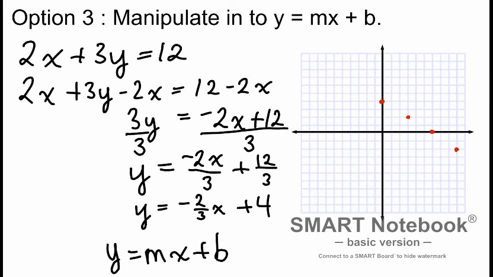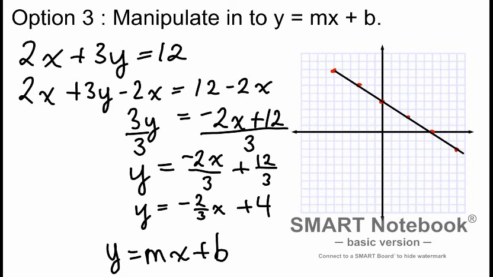And if I want to reverse the process, I can go to that y-intercept and go up 2 and to the left 3. And I'll do that just once more. I've got a whole bunch of dots now, such that I can, with very good precision, graph the line y equals negative 2/3 x plus 4, otherwise known as the line 2x plus 3y equals 12.